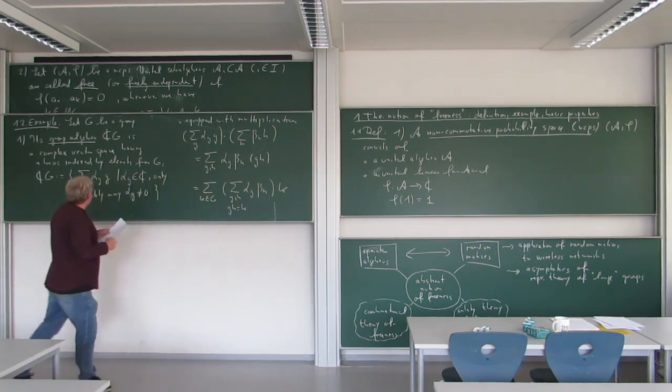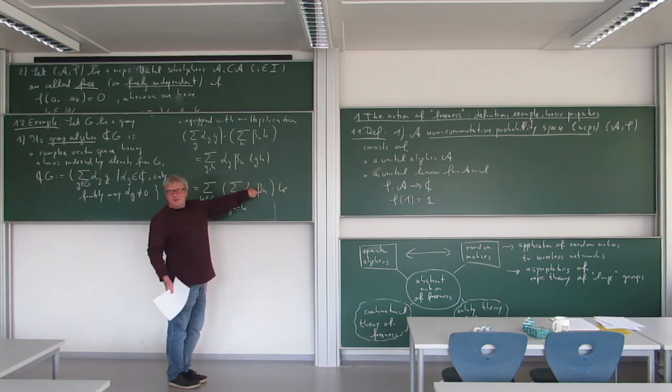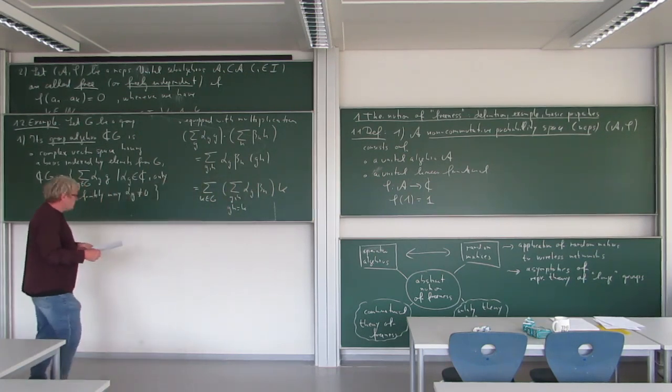Now this is again an element in my group algebra, and of course this sum is a finite sum, because only finitely many of them are different from 0. So there are no problems with these limits.